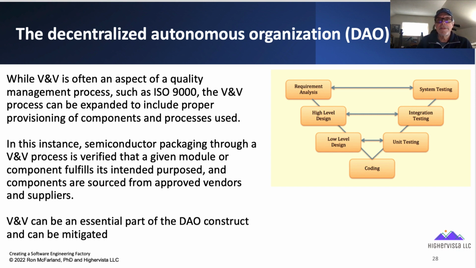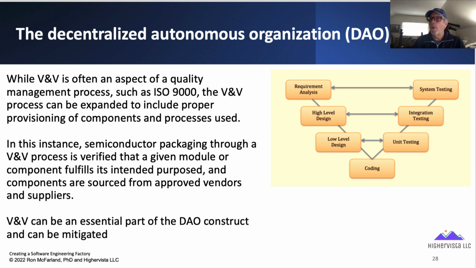In this instance, in our case study, semiconductor packaging through a V&V process is verified that a given module or component, hardware and software, fulfills its intended purpose. Components are sourced from approved vendors. That's the compliance, if you will. DoD has certain standards.